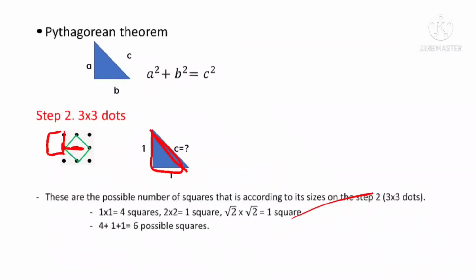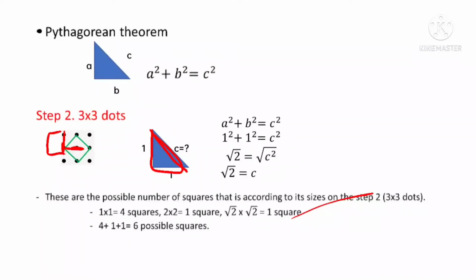These are the possible number of square that is according to its size. So, gagamitan natin yung formula dito na A squared plus B squared is equal to C squared. So, substitute lang natin. Yung A is 1, yung B is 1, then 1 squared plus 1 squared is equal to C squared.